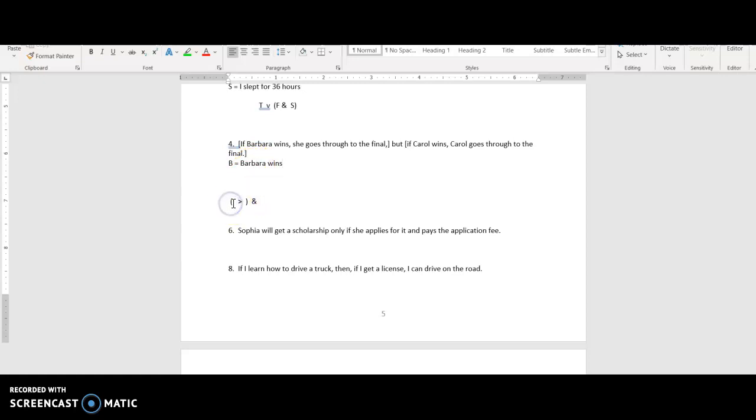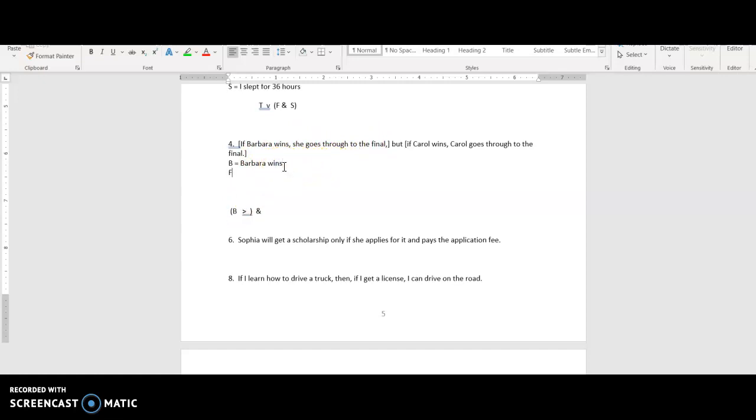So if B, then she, meaning Barbara, goes through to the final. So we'll call that F. So if B, then F. All right, that's our left conjunct. So then but, that's our ampersand conjunction.